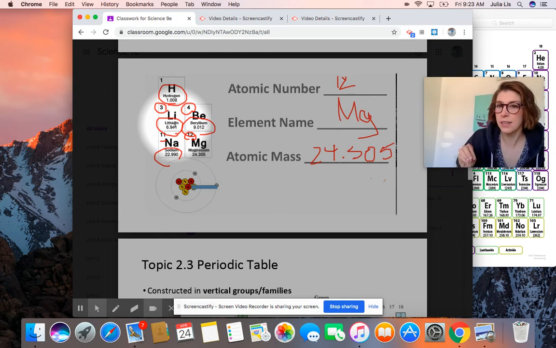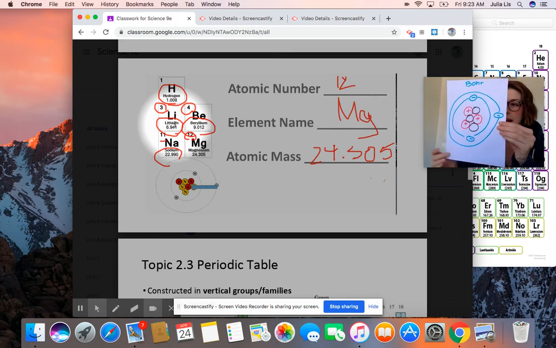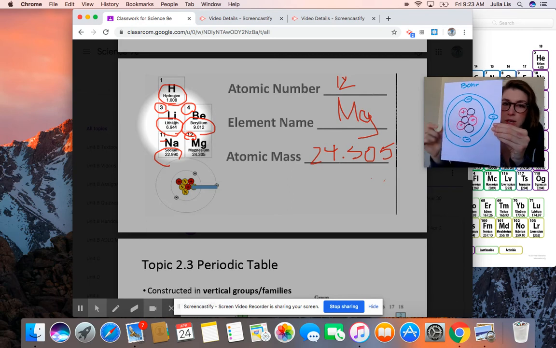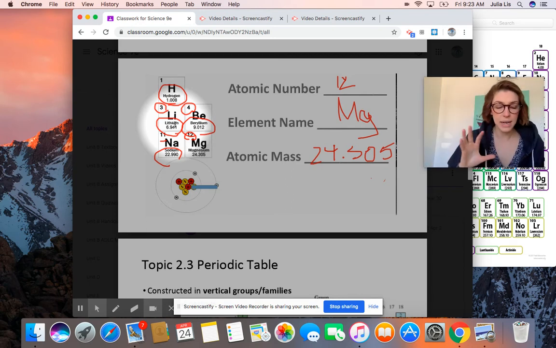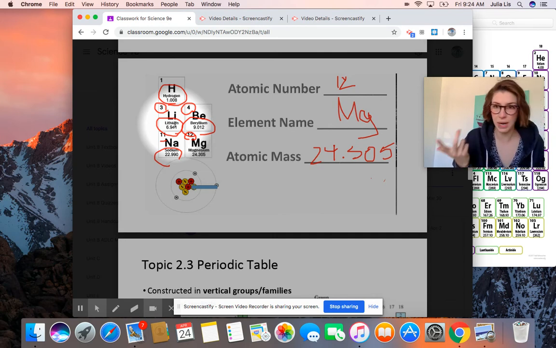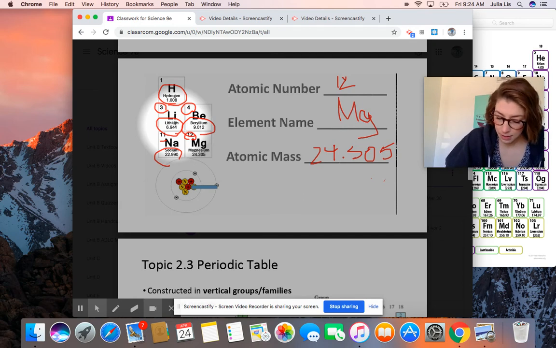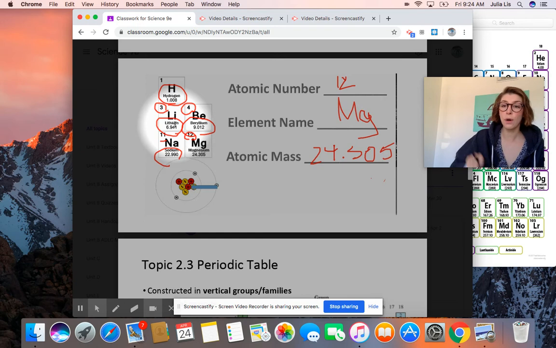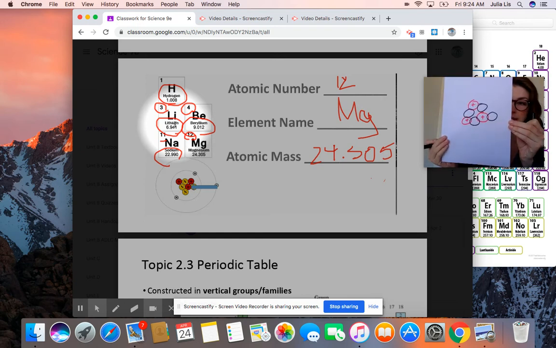And the reason it's a decimal is because it's an average, okay? So lithium actually, sometimes it will have 3 protons and 3 neutrons. But depending on where I find this element in the world, okay, what it's doing, again, where I found it, some of them might actually have 4 neutrons in the nucleus.